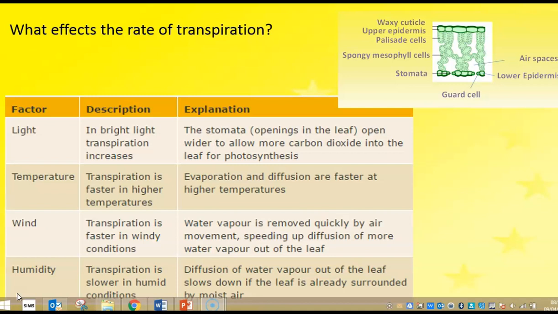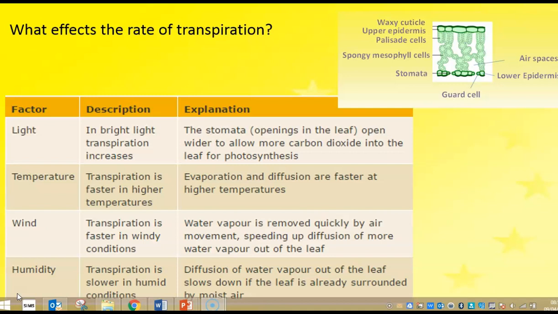We have high water vapour concentration inside the leaf, low water vapour concentration outside the leaf, and so more water vapour will diffuse through those stomata, and then of course it gets blown away and it continues. On a still day, it just sits. The water vapour sits around the outside of the stomata, and so actually we don't have a very big gradient from the inside to the outside, and so less water vapour then leaves.